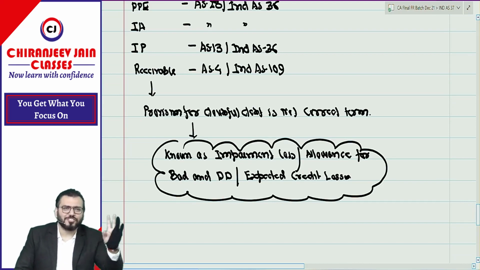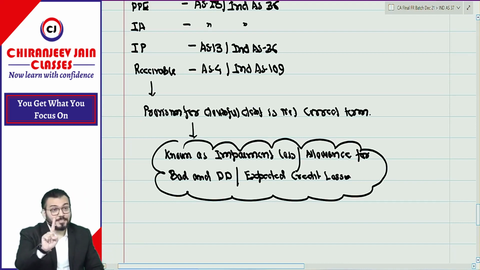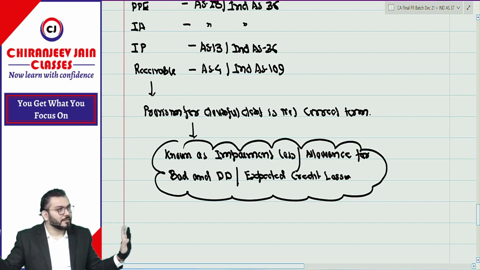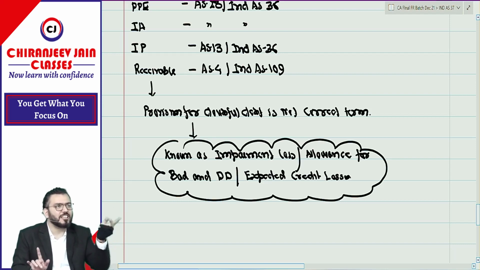Can I ask one question to know whether you have understood or not? My question to you all: listen, think, and say. Take your time. I am not in a hurry. Correct? Provision for depreciation. You know provision for depreciation? Everyone knows provision for depreciation? Anyone who doesn't know this account, I think it's a foundation topic.